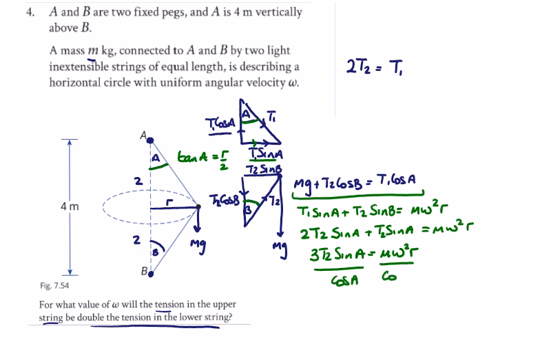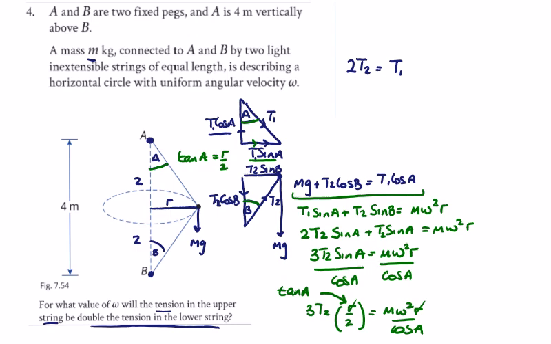That seems to be what will happen here, I think. So 3T2 by the tan of A, the tan of A is R over 2, is equal to m omega squared R over cos A. So I can divide by R now and tidy this up.